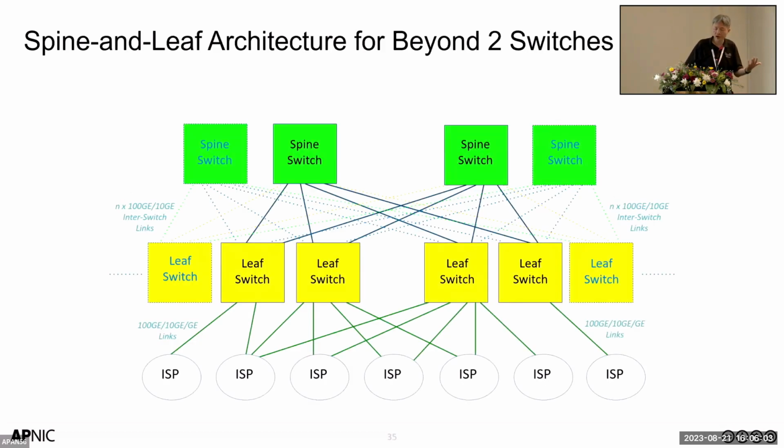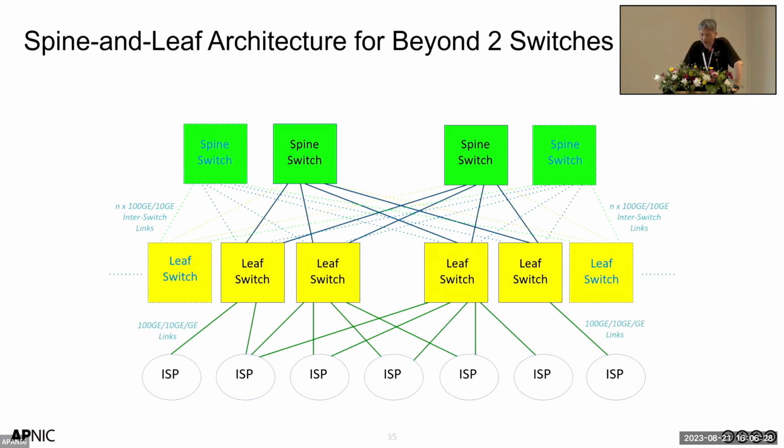So when you grow, this is the topology that people use: the spine and leaf architecture to go beyond 2 switches. You would have the leaf switches serve your participants and the spine switches be the backplane of your whole system.